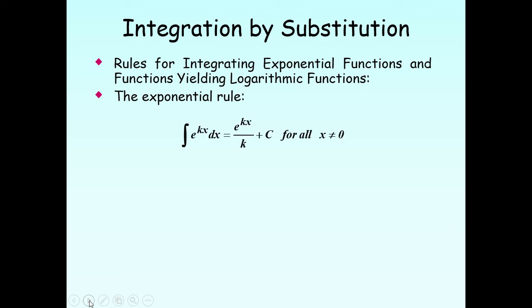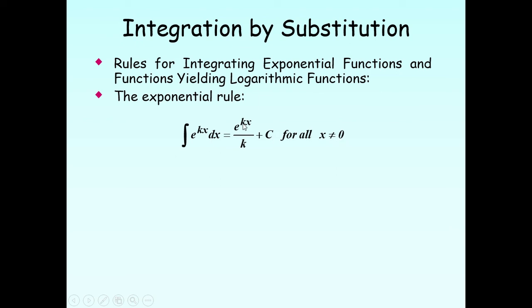So the exponential rule is something like this. If you're given an integral of an exponential function with the exponent k times x, multiplied by dx, this is just equivalent to e to the power k times x divided by k plus c, for all x not equal to 0.